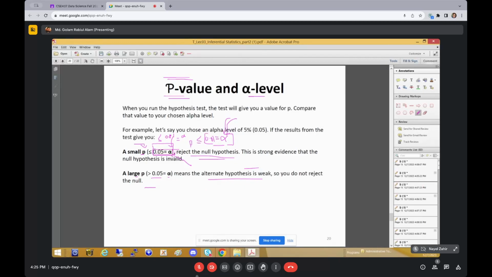That means he wants more significance. So to reject the null hypothesis, only if the p-value is less than 0.01 will he reject the null hypothesis. That means you want strong evidence for rejecting the null hypothesis.